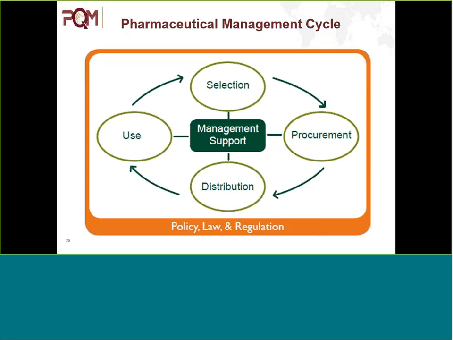And again, there has to be the necessary policy and legal framework to ensure that those systems function appropriately. But I think the most important thing to mention here is a well-functioning pharmaceutical system ensures access to and appropriate use of medical products so as to meet the desired health outcomes that we're seeking to achieve. Next slide.